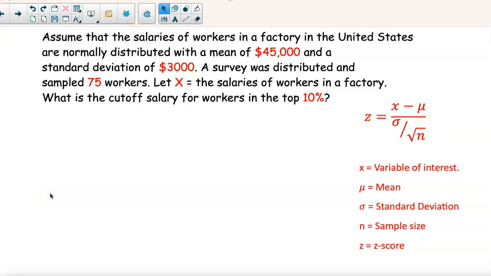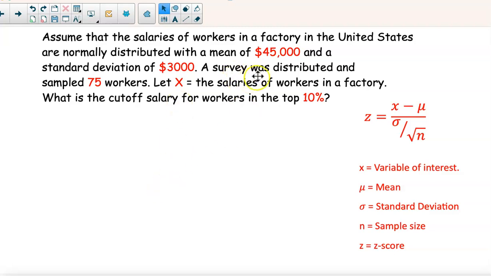In this video, you are going to learn the process of finding the top 10 percentile of the salary in a given scenario. So we have a problem here. It reads like this. Assume that the salaries of workers in a factory in the United States are normally distributed with a mean of 45,000 and a standard deviation of 3,000.